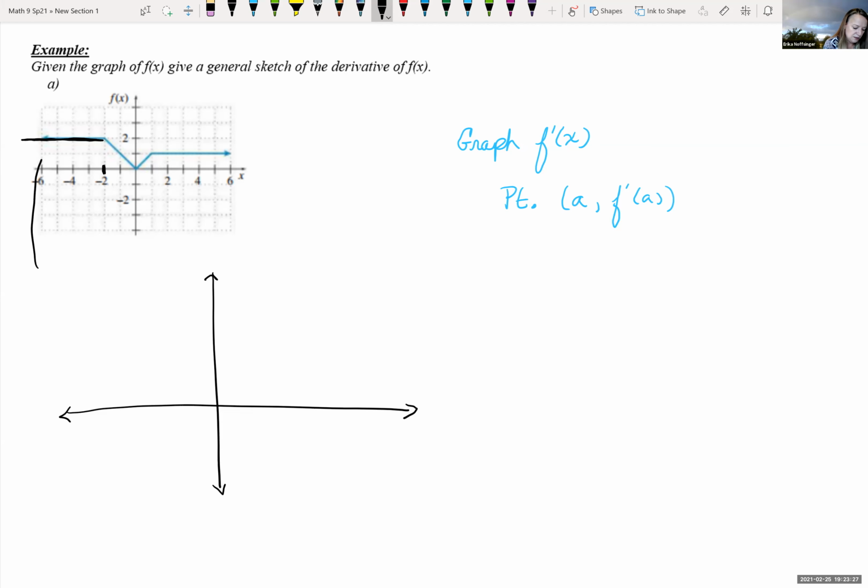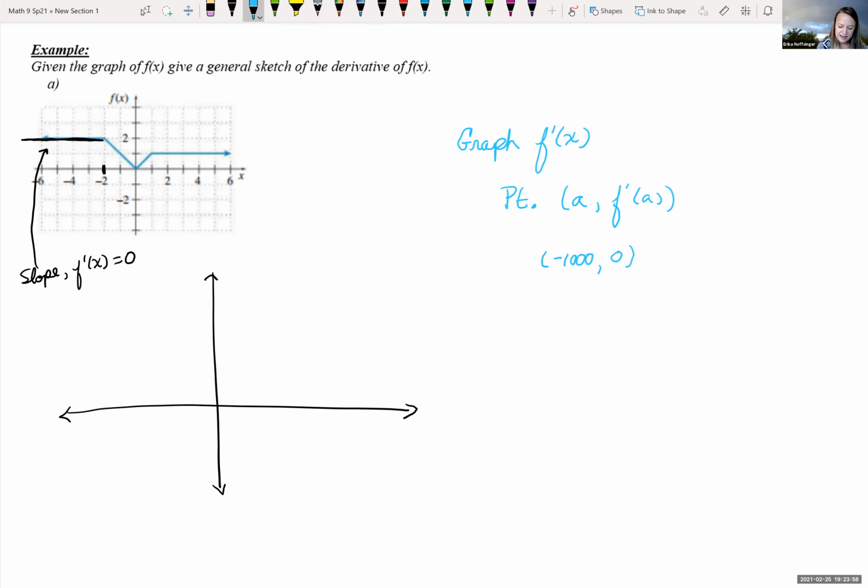Well, I know that the slope of a horizontal line, the slope, or f prime of x in this case, is equal to 0. So for my points on f prime of x, I know, well, when x is like -1,000, I'm coming in from negative infinity, that my derivative at f prime of -1,000, that slope is 0.